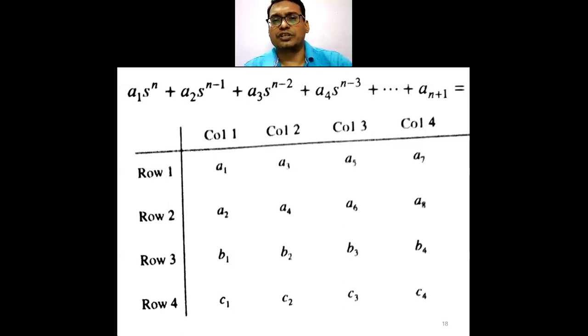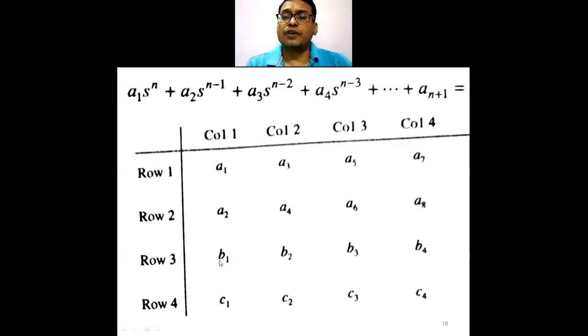Writing that characteristic equation, putting all the odd coefficients in row 1, putting all even coefficients in row 2, and calculating the values of B1, B2, C1, C2, B1 by multiplying a2, a3 minus a1, a4 divided by a2. Similarly, B2 will be calculated as a2, a5 minus a1, a6 upon a2.